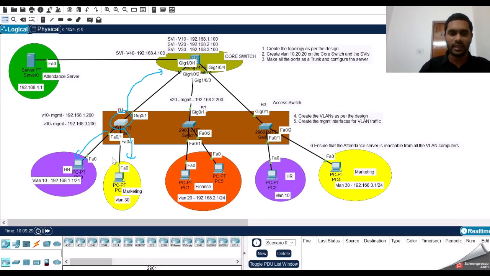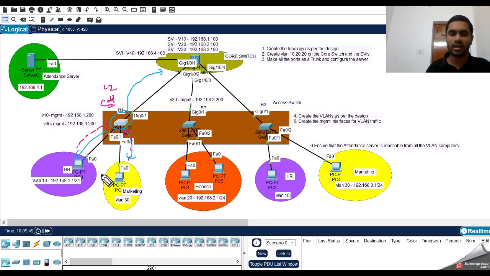Now if you see, it is just saying I have a direct relationship with the core switch only. Since computers are end devices, it will not show CDP information for the computers. Please don't get confused. That doesn't mean the switches and the computers are not talking. They are talking. This computer from HR, this computer from marketing, they are still talking to the switch, but CDP is a protocol that will work only for network devices.